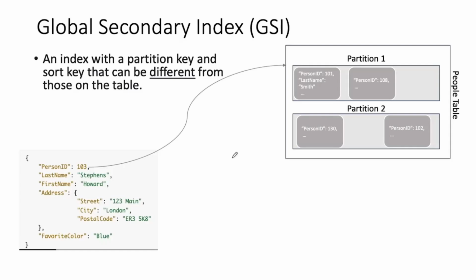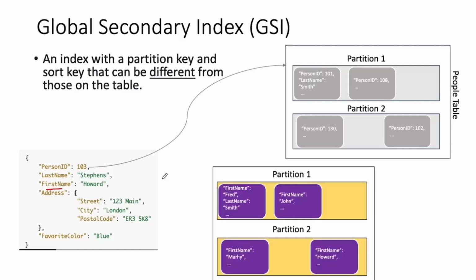And as we said in the previous slide, what if we want to efficiently query based on first name as well? So we are going to create a global secondary index on first name attribute, and we would be able to use the same efficient query operation to directly get to the items using the first name.